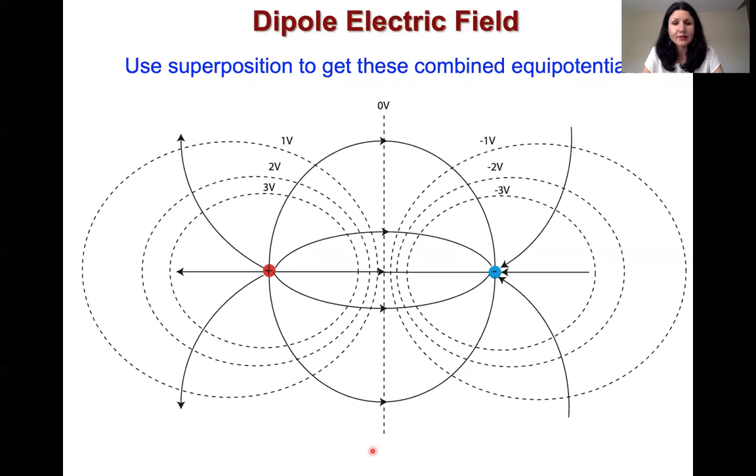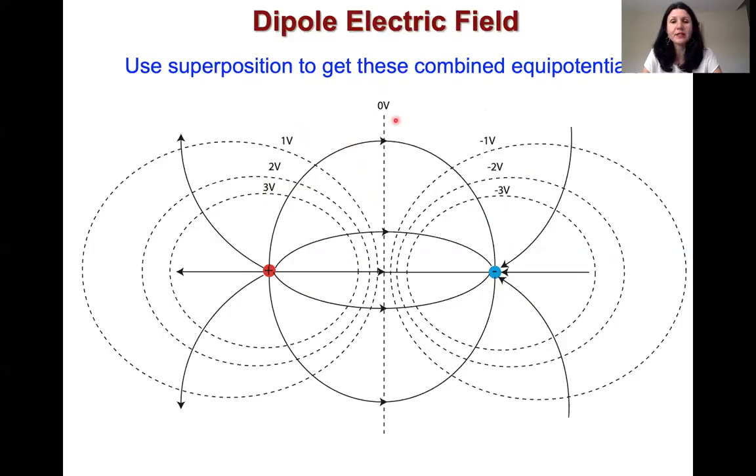And then, as you go closer to the positive charge, the voltage is going to be increasing because it's going in the direction opposite of the electric field. Now, when you're going towards the negative charge, that's the direction where the electric field is pointing, so your voltage is going to be decreasing.